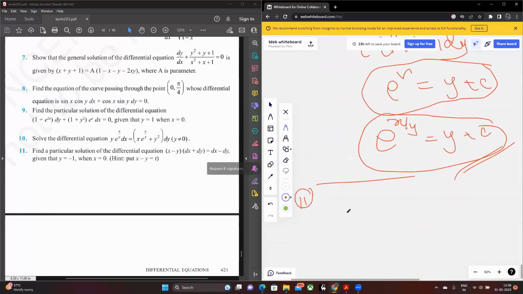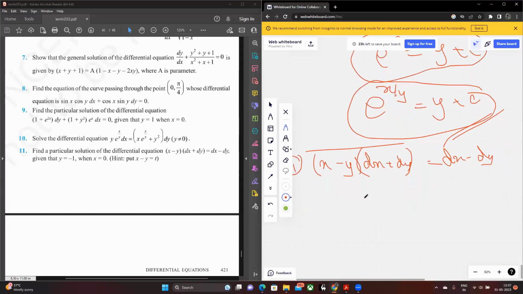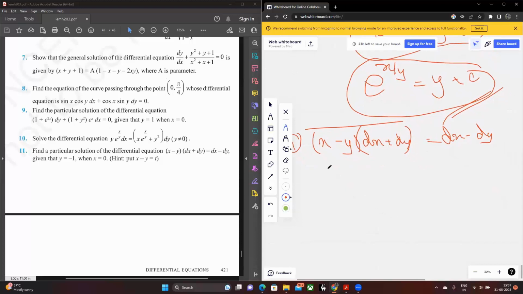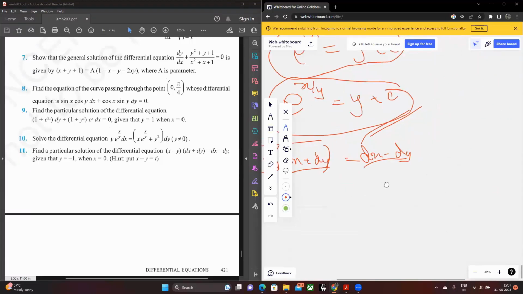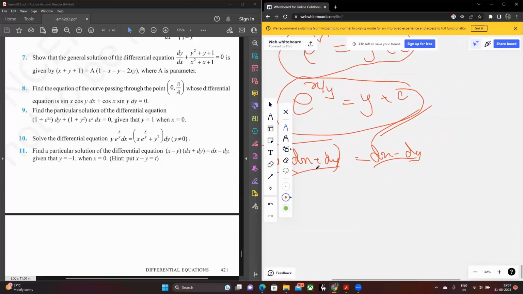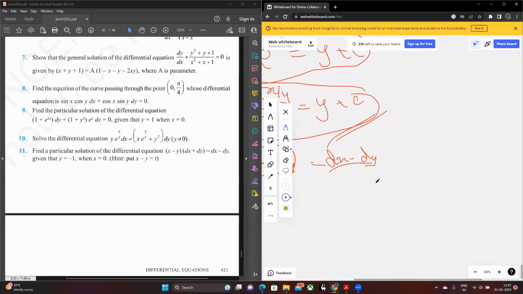Question number 11. Find a particular solution of the equation (x minus y) dx plus dy equals dx minus dy. First of all, for these kinds of questions, what I like to do is notice that this form and this form can be obtained from very specific functions.